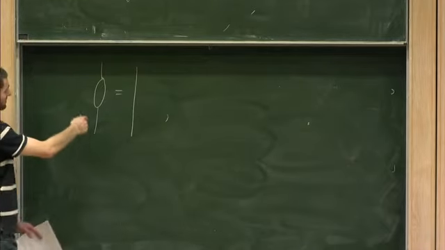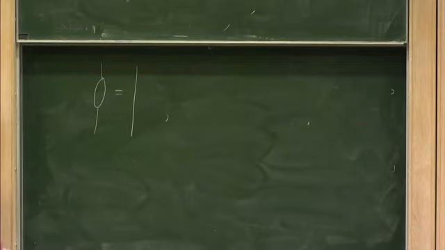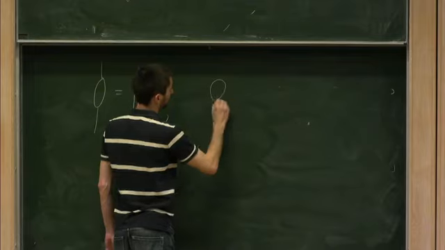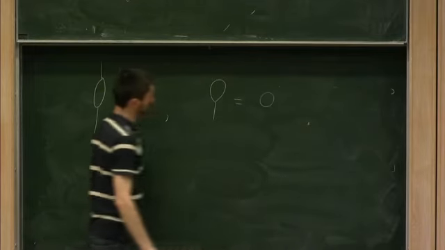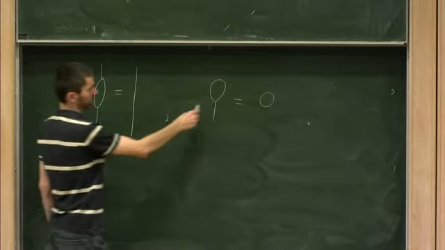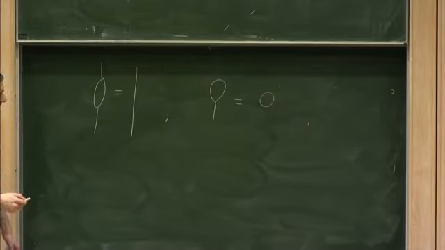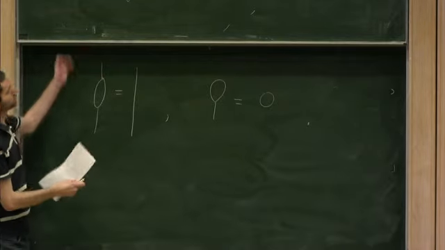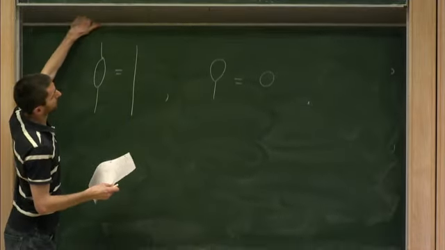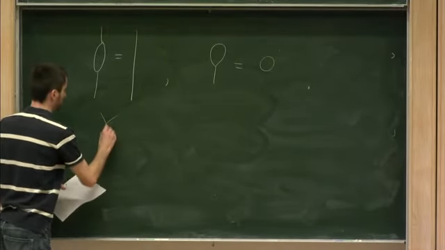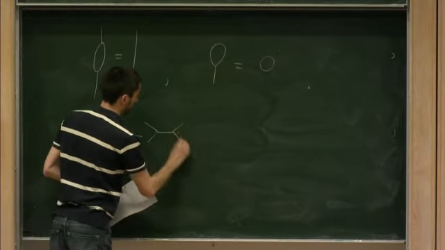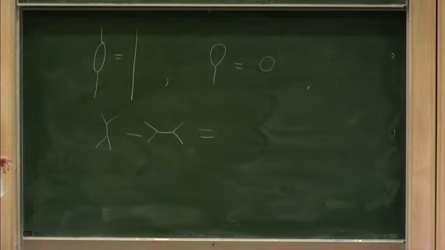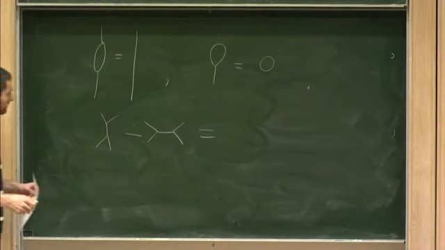So if one has an embedded digon, you can remove it to just a string. If two strands from a trivalent vertex are attached to each other, then this just evaluates as 0, so this is a 0, not a closed string. And then the third relation that we saw was the relation on the space of tangles with 4 endpoints.